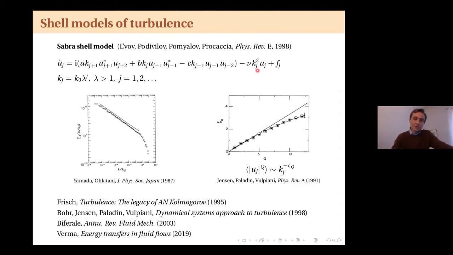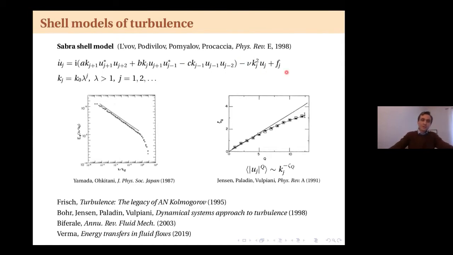The structure of the equations resembles that of the Navier-Stokes equation in Fourier space. Indeed, there is a nonlinear term where the interactions are restricted to the nearest neighbors, or to the next two nearest ones, and there is a quadratic dissipation plus a forcing.